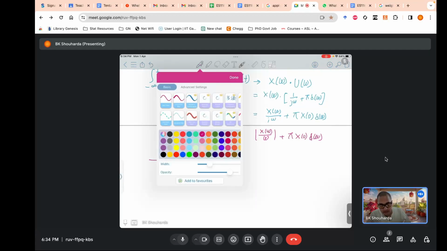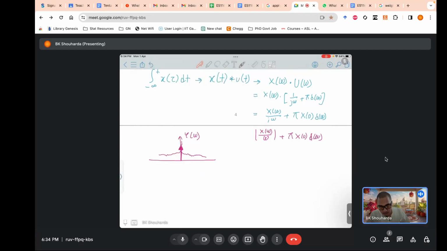But all of a sudden after omega naught it becomes 0, between minus omega naught and omega naught. So over here also, because mod X of omega equals 0 for mod omega greater than omega naught, the bandwidth equals omega naught, so the Nyquist rate becomes twice omega naught.